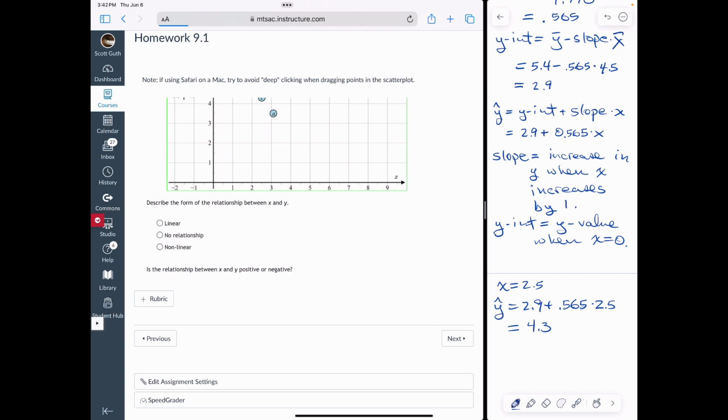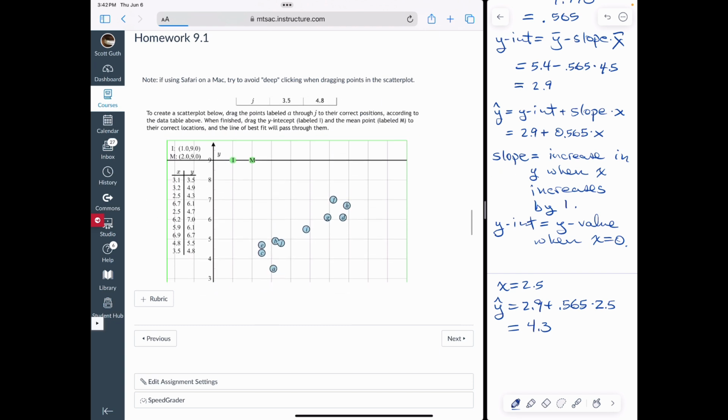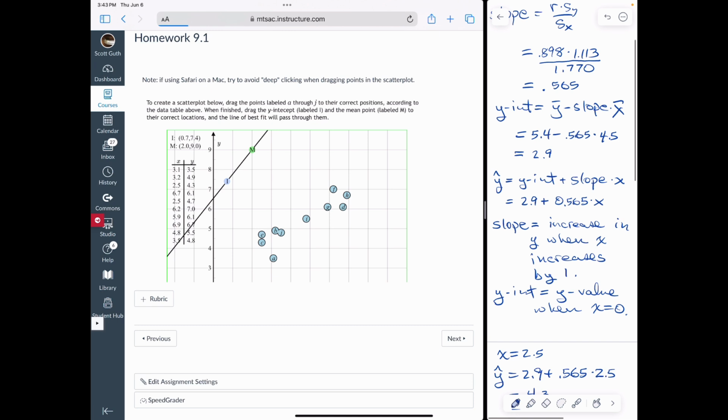Oh, and I have to graph the line of best fit also. So the y-intercept is labeled I, so you can see I'm going to grab this green point here. That's the y-intercept, and if you look up, the y-intercept was 2.9. Remember, it's got to be on the y-axis.